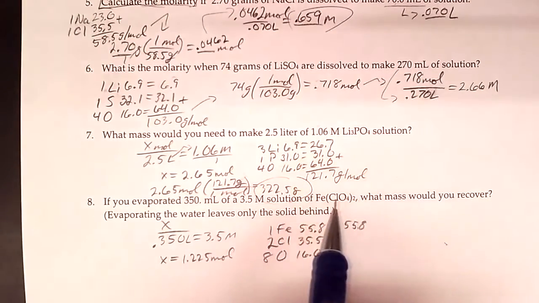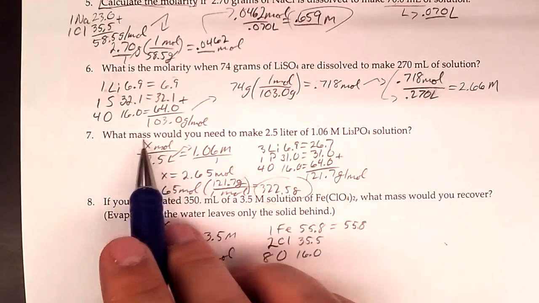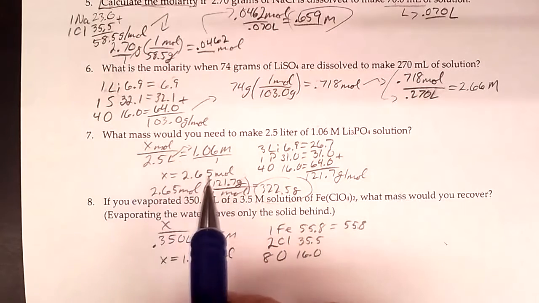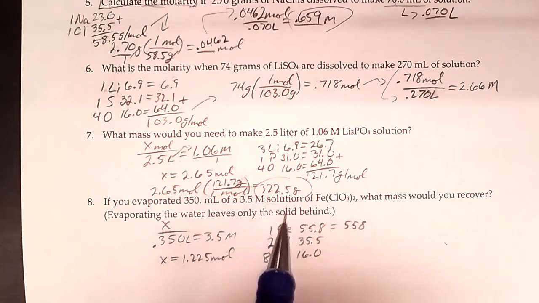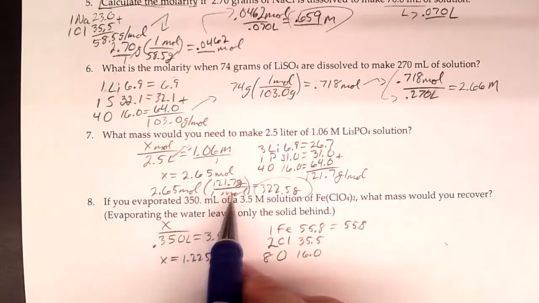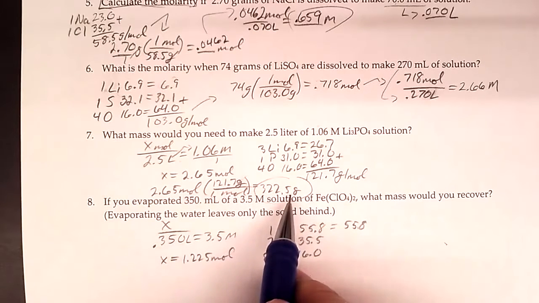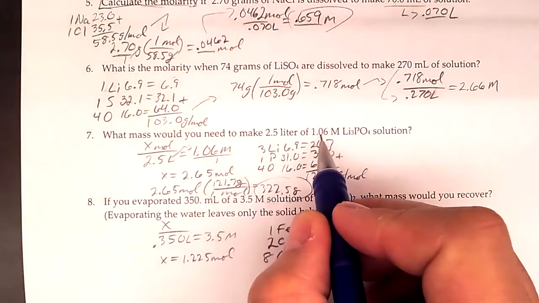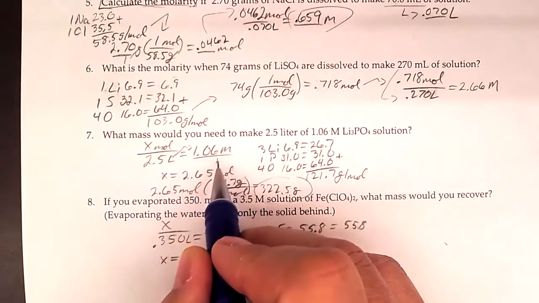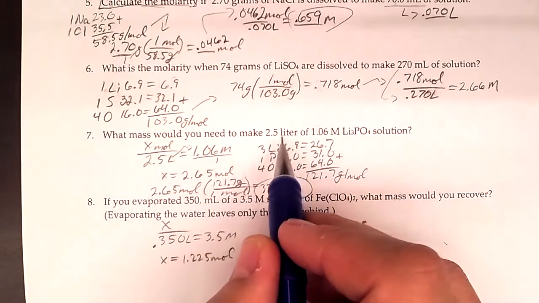On 7, we're going to kind of turn this around. We want mass. Well, what kind of thing could I turn into grams, which measures mass? And it might not be super obvious at first, but I could turn moles into that, right? So if I could get moles, I could turn that into grams. And the way to do this is say, I know the molarity. I know the molarity. And I know the liters.